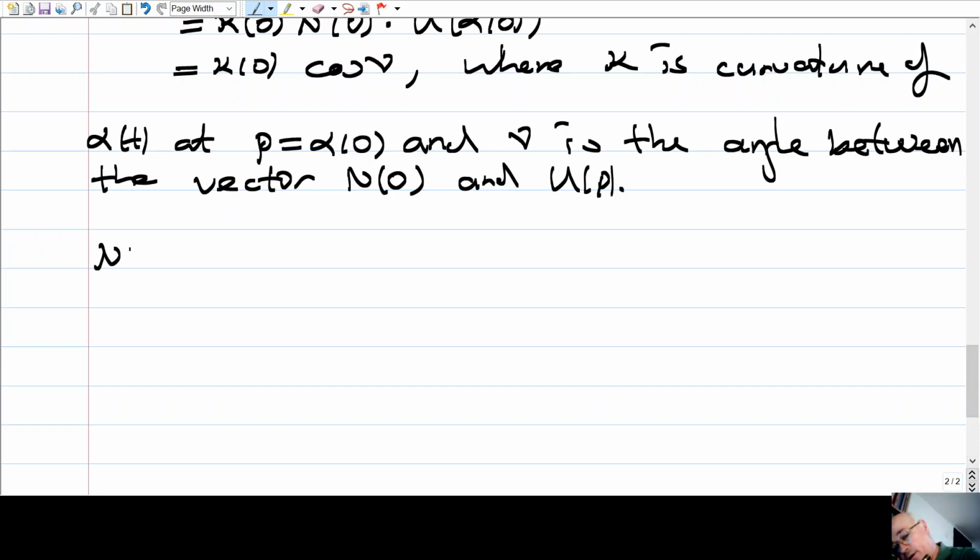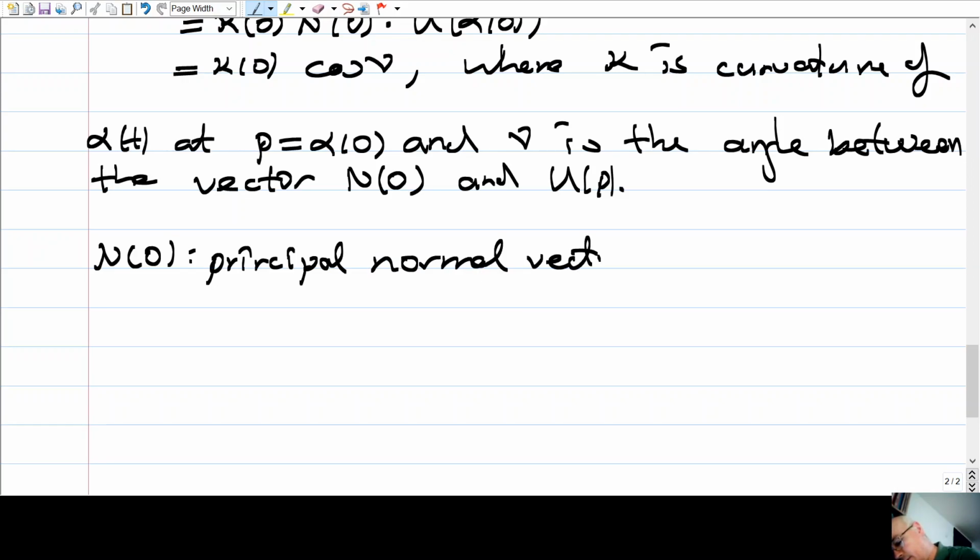Here, remember, this was the principal normal vector of alpha at the point P, of course alpha 0.